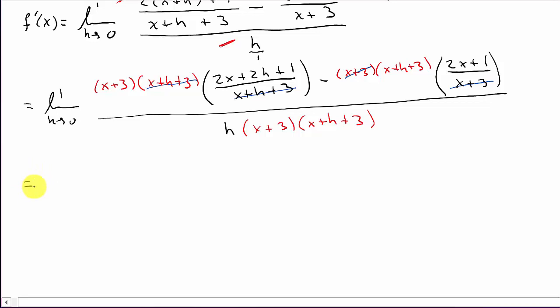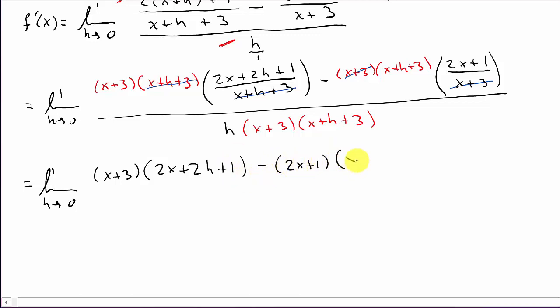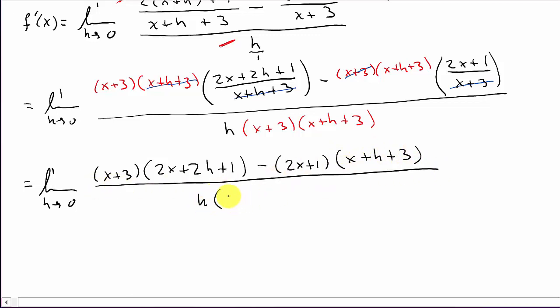So that equals the limit as h goes to 0 of x plus 3 times 2x plus 2h plus 1 minus, and then we've got 2x plus 1 times x plus h plus 3, all that over h times x plus 3 times x plus h plus 3.